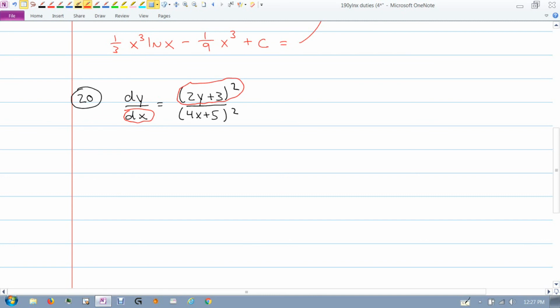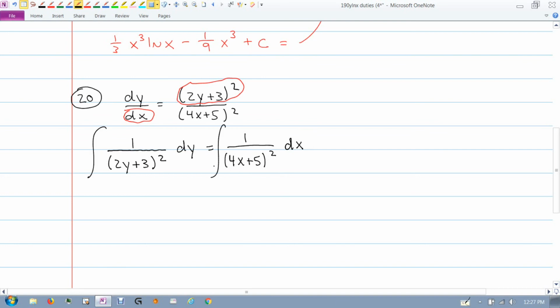When I do some algebra here, I should get 1 over 2y plus 3 squared dy equals 1 over 4x plus 5 squared dx. And I think I'm ready to integrate.